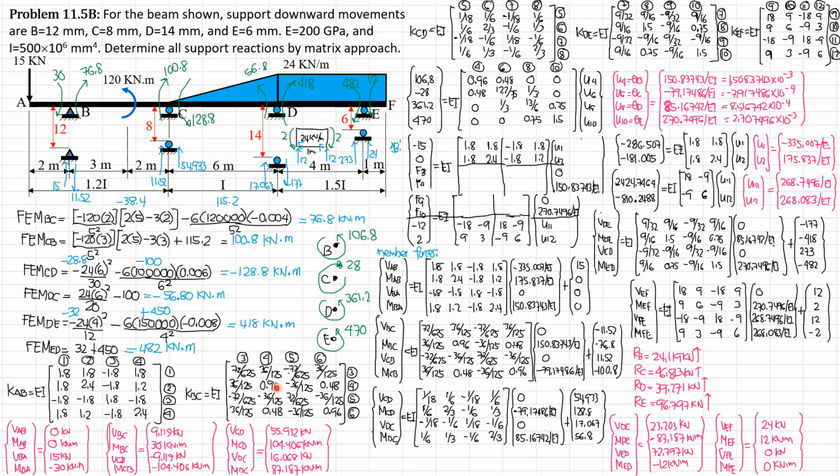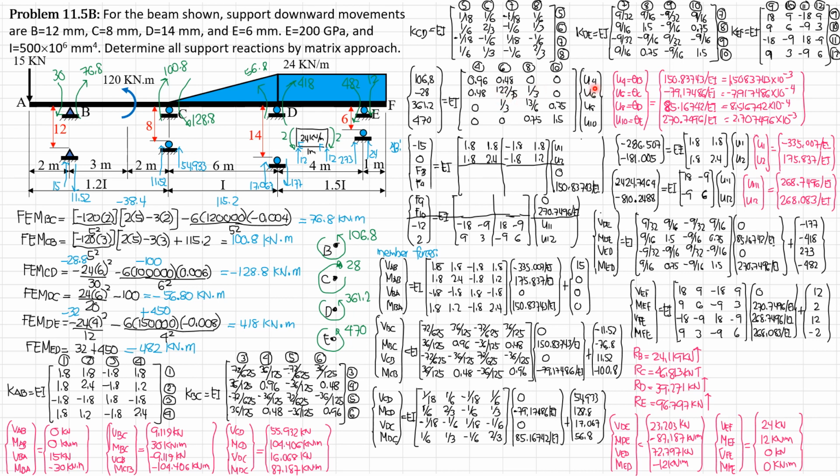Then 4, 6 is 0.48, so we have 0.48 here. 4, 8 and 4, 10 are zero, so by symmetry we copy 0.48 here and 0, 0. Then we have 6, 6, which is 0.96 plus 2/3. 0.96 plus 2/3 is 122 over 75.